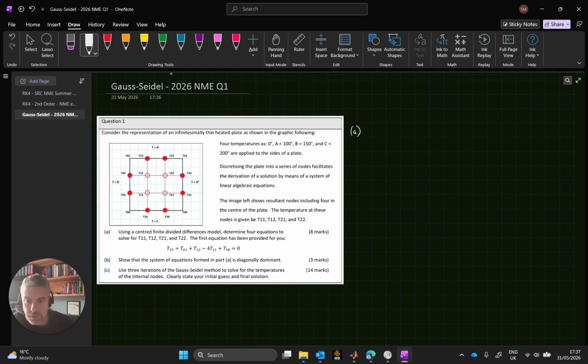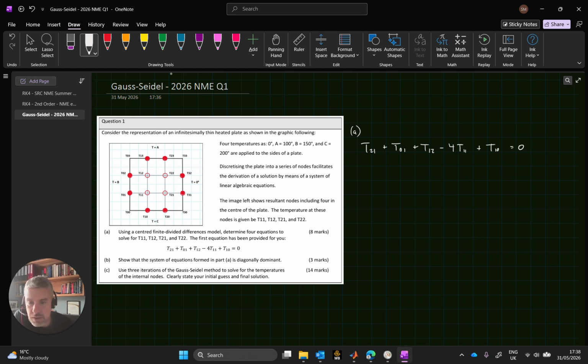So part A is given here. It's looking for the equations to solve for T11, 12, 21 and 22. So I'm just going to write these equations up similar to the hint that's given to us here, the first equation: T01 plus T12 minus 4T11 plus T10 is equal to 0.